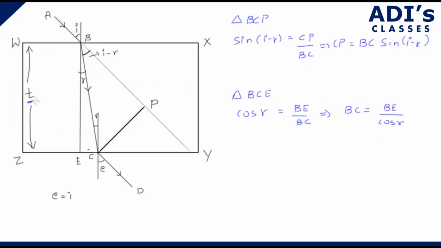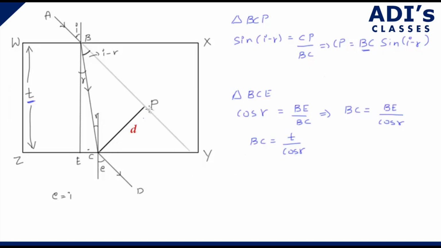BE is nothing but the thickness. So BC is equal to T divided by cos R. Substitute this BC in the previous equation and we will get CP.